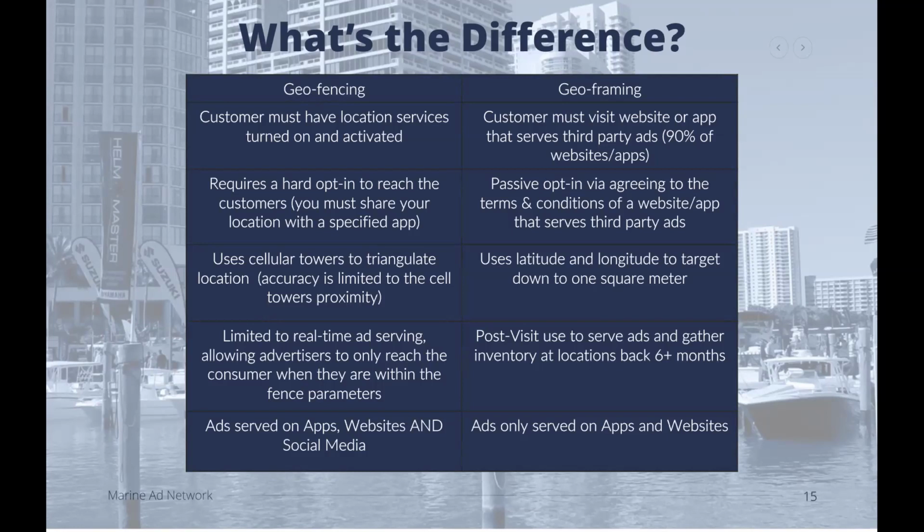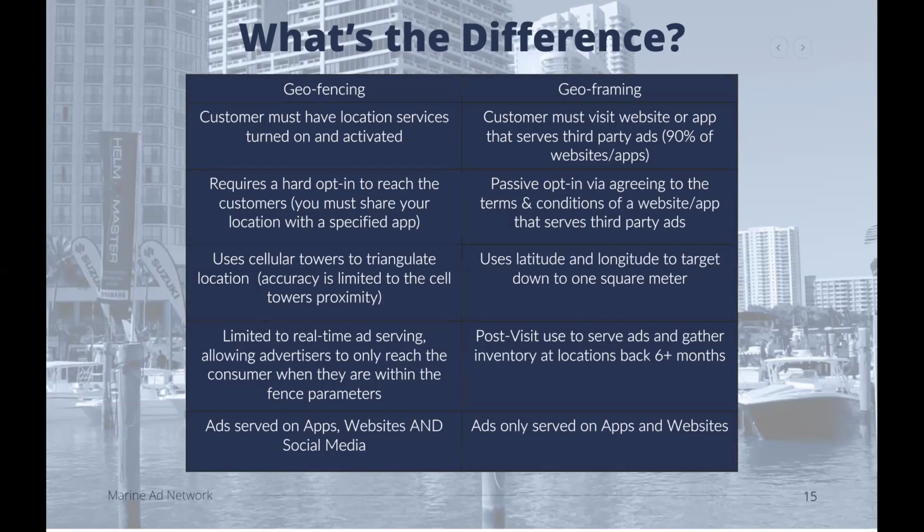The next thing is with geofencing, we use cell towers to triangulate location. So the accuracy is limited to the cell tower's proximity. Again, I don't really run into any problems with this, mainly because when we're doing geofencing, it's typically in very urban cities. So we typically don't have a problem with our proximity.